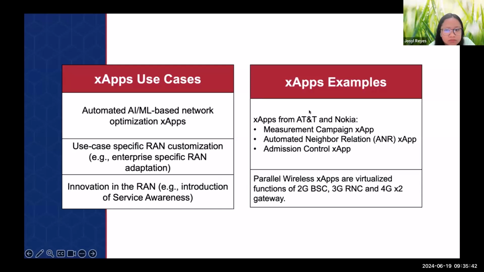So, mostly itong mga examples na to is really for mga live data collection, live network data collection, or mga pag-test ng mga RAN controls. Ayan. So, marami ring other examples. Some examples, if you search online, some are proprietary, some are open. Kasi nga, again, yung software component of the RAN may be open or proprietary.